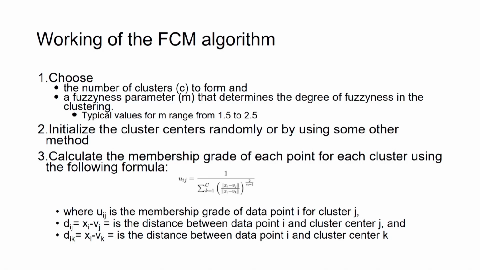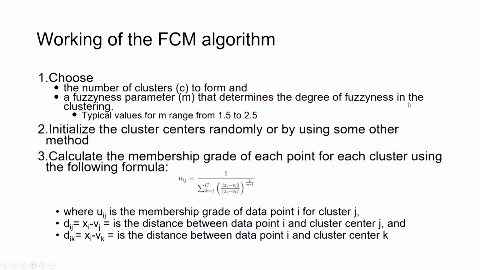It is denoted as M, and this fuzziness parameter determines the degree of fuzziness in the clustering. Its range is 1.5 to 2.5. So, this fuzziness parameter is giving you the degree of fuzziness.